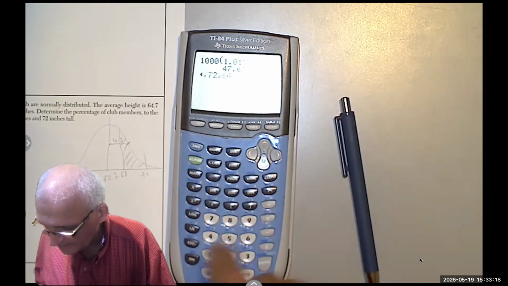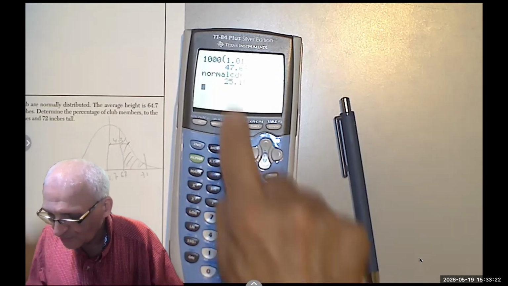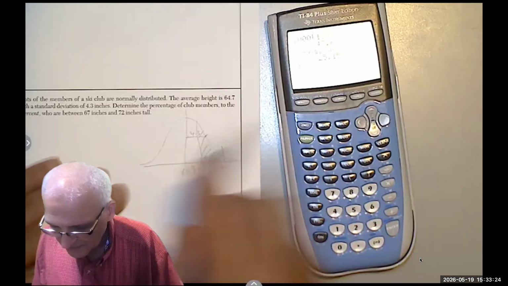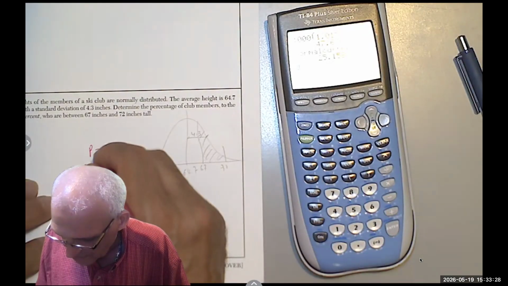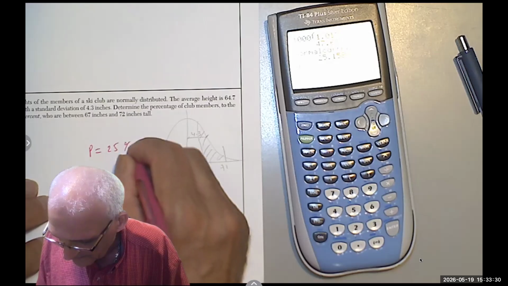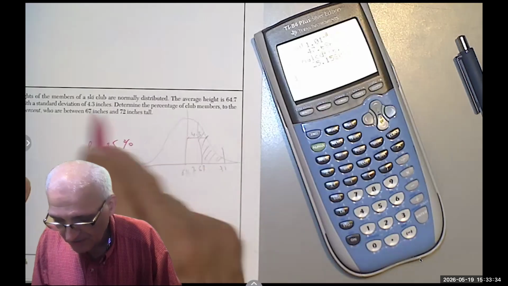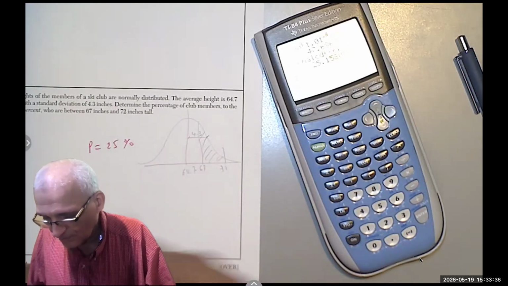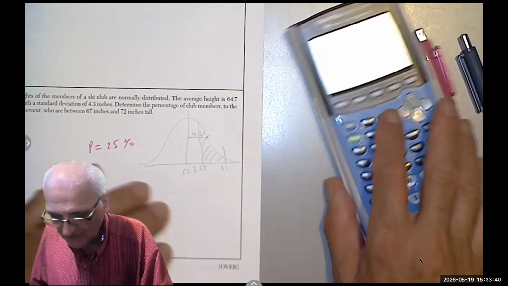And then you have to multiply it by 100 because they want it as a percent. So you get 25.15 to the nearest percent. So P equals 25%. 1/4 of the members of the ski club would have heights between 67 and 72 inches.